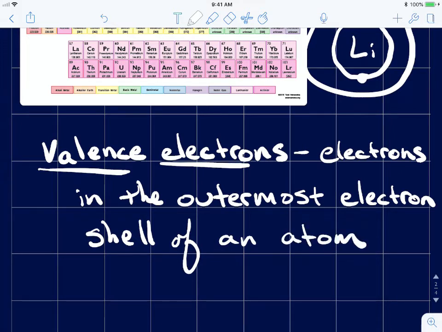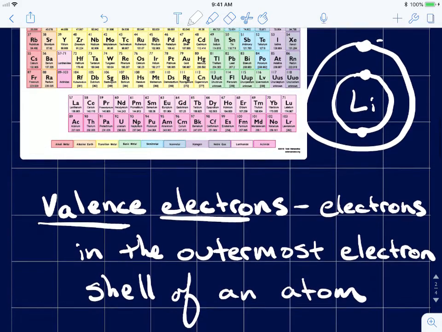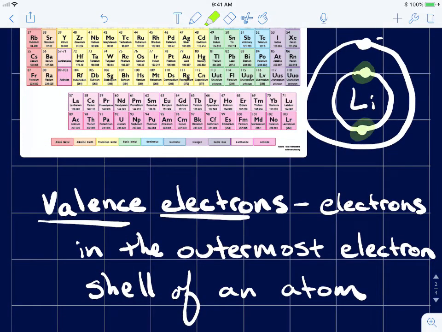If you think about the way that things interact in the world as they bump into each other, what's interacting aren't these inner electrons, like this one and this one. Those are kind of shielded. The only ones that are really going to affect the way that things interact in the real world are these outer electrons, like that one right there. So valence electrons are very important.